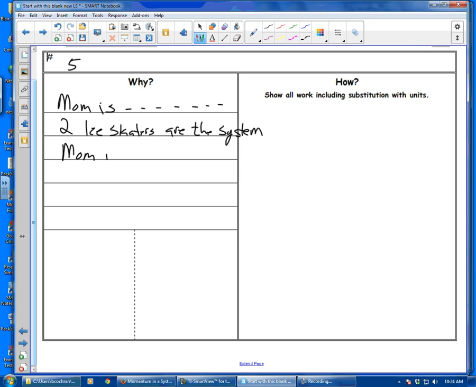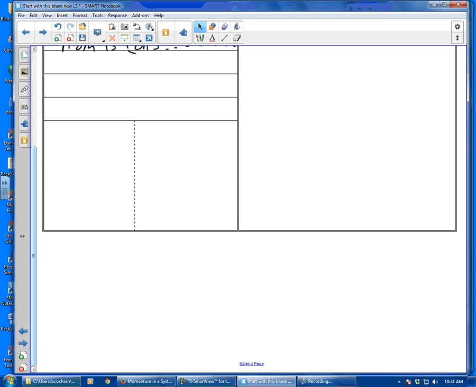I might mention that those two are the system because they don't have any friction to tie them to the pond. That could be another good thing to have in that why. And then let's draw our picture. We'll go really artistic on this.